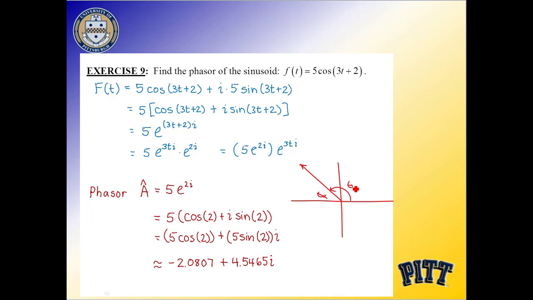So essentially, I know that alpha, if I just ignore the negatives, the 4.5465 would be my numerator in a tangent function. The negative 2.0807 would be the denominator. If I do the arctangent of that, I get about 1.1416.